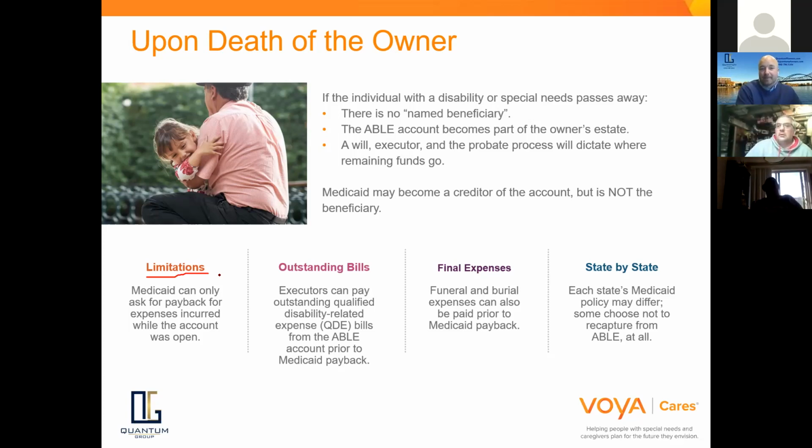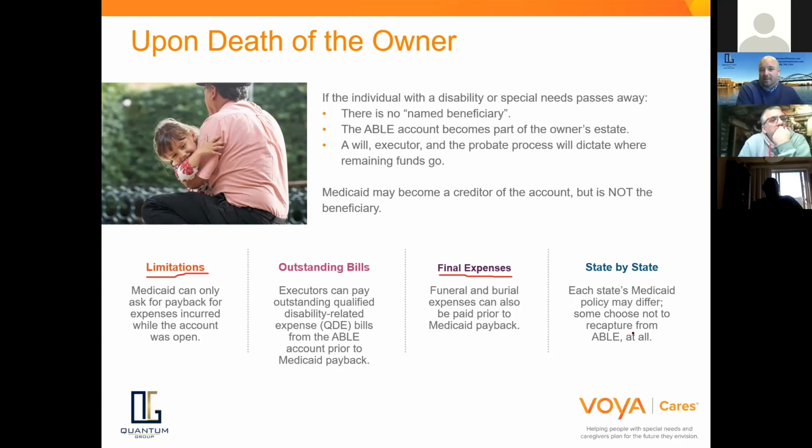That's number one. Number two, outstanding bills are paid first. So the executor or personal representative of the estate of the person with a disability is able to pay bills and, in most cases, final expenses as well, funeral and burial expenses. Depending upon the amount of money in the account, the state is the last to have any claim whatsoever.